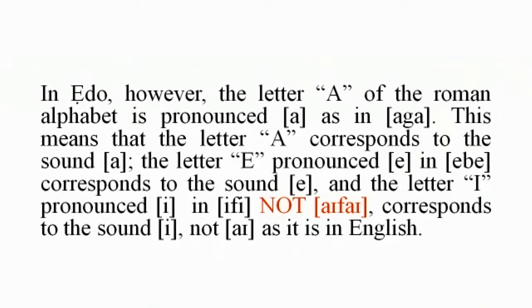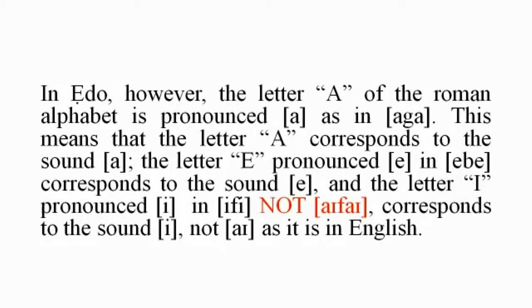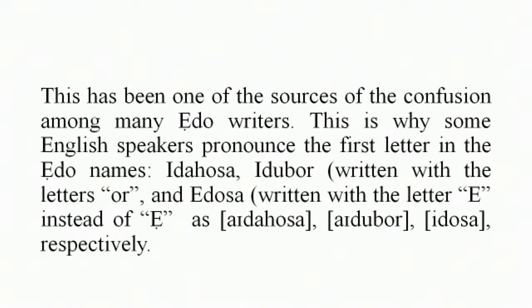Then the letter E, pronounced A in Ebe, corresponds to the sound A. And the letter I, pronounced E in Efi, not I, corresponds to the sound E, not I, like the dictum I in English. This has been one of the sources of the confusion among many Edo writers.